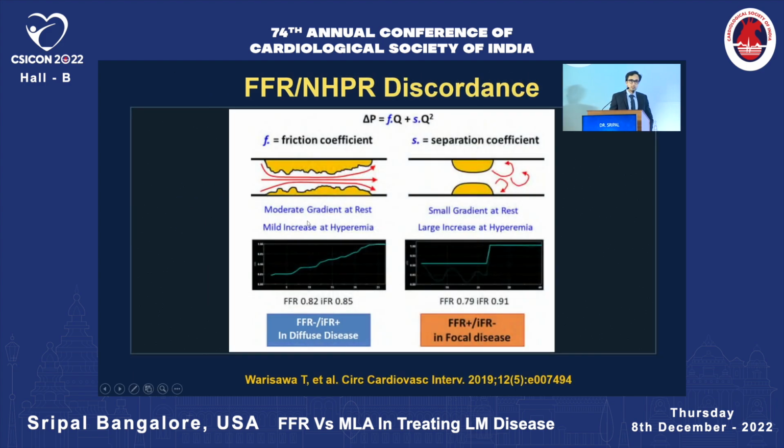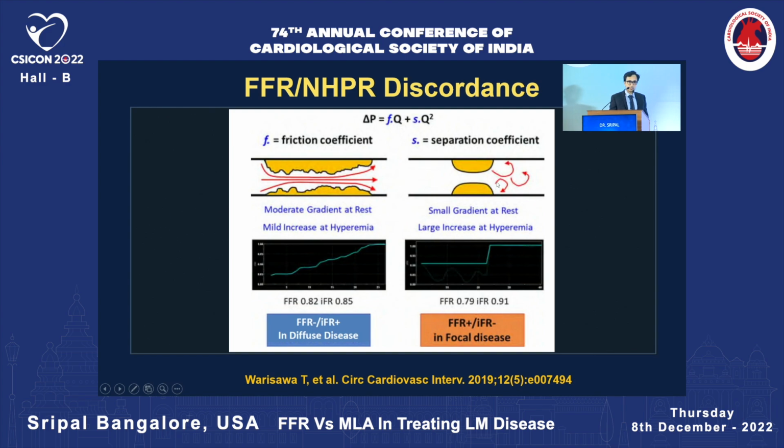Okay, so let's now move to non-hyperemic pressure ratios. Interestingly, I must say in most practices in the US, there is a rapid shift towards using non-hyperemic pressure ratios. And I've had problems with this, as we'll talk about, because there are limitations of just using non-hyperemic pressure ratios. It's great, you don't have to use adenosine, but there are limitations, and the limitation is summarized in this slide.